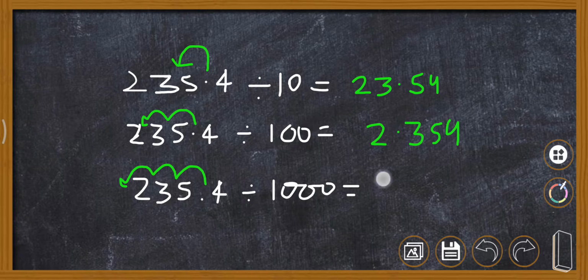So 3 jumps, then 0.2354. So in this way you can do this without dividing. So this is the short method to divide the numbers by the power of 10.